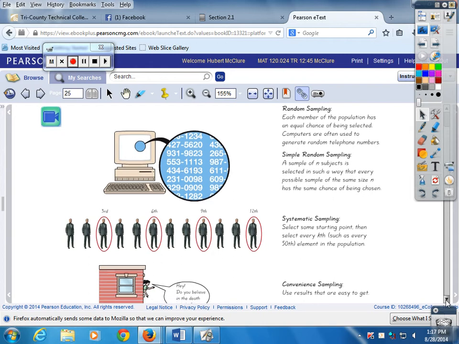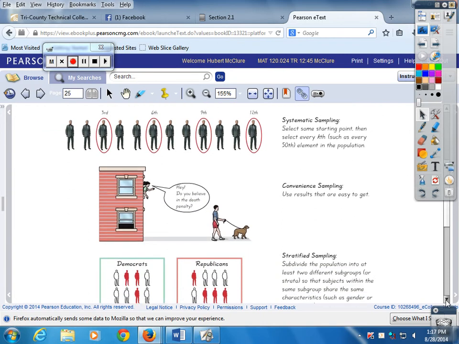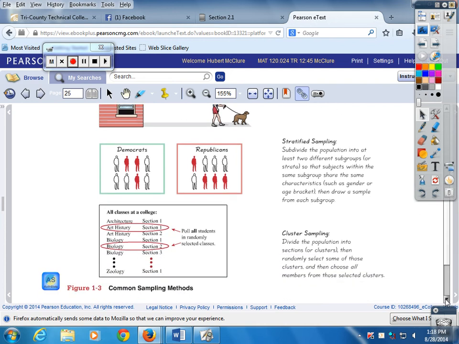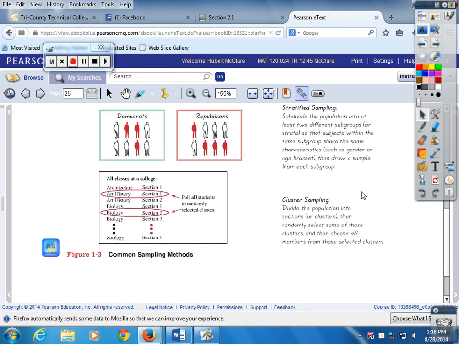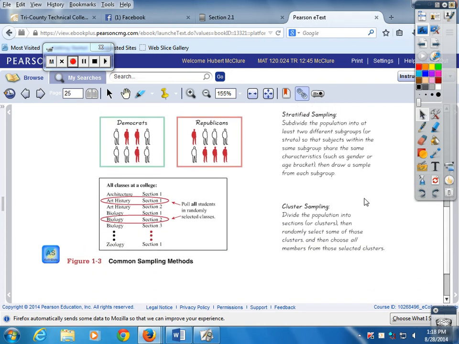And then there is stratified and cluster sampling. Stratified would be like me dividing the class into two groups, male and female. Boom, that's it. Male and female.